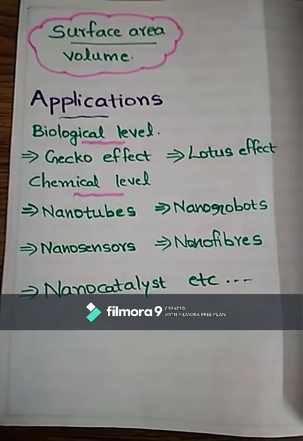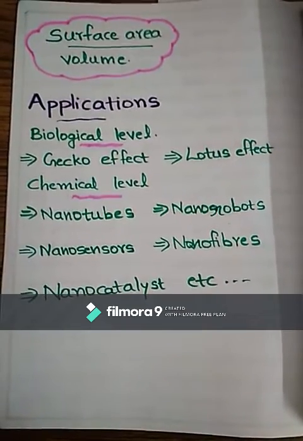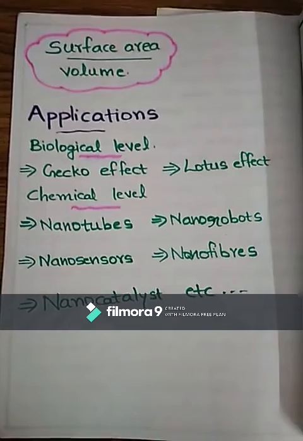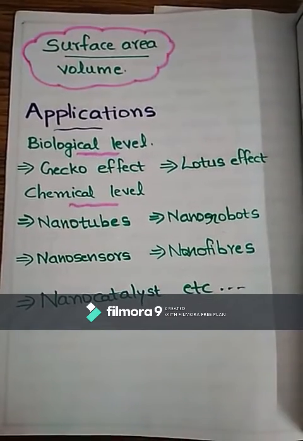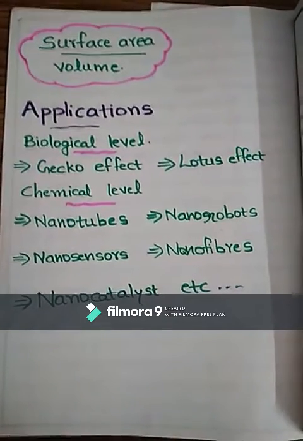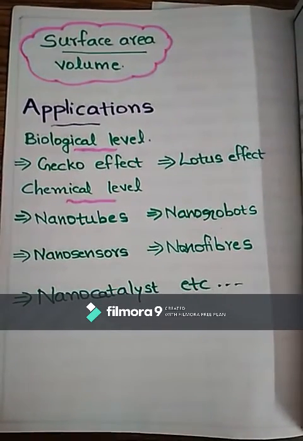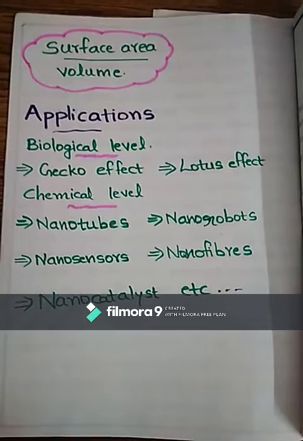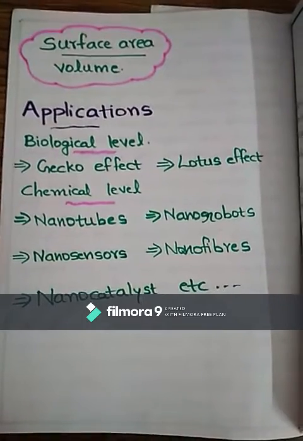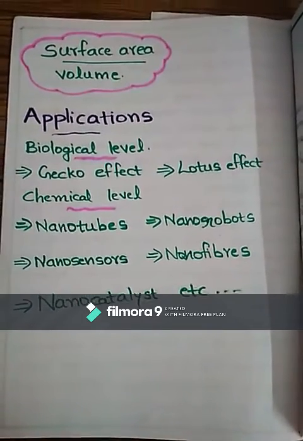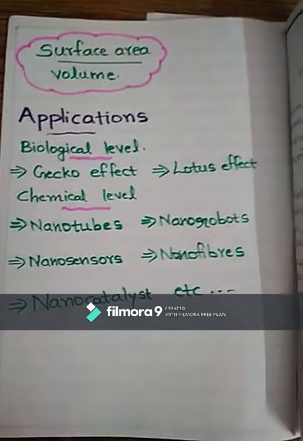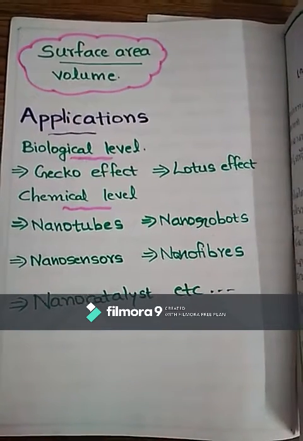Another effect is the lotus effect. We all see many water droplets staying on the leaf of the lotus. It is based on the nanochemical application that the water droplets will flow out faster.